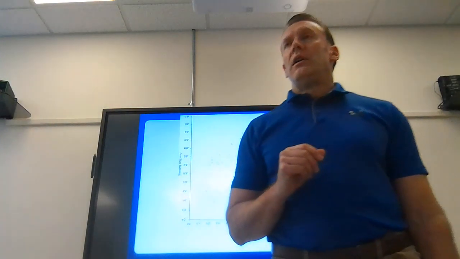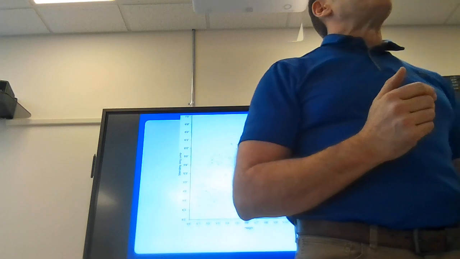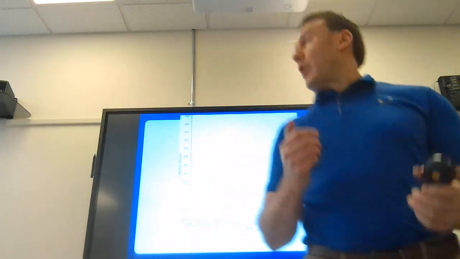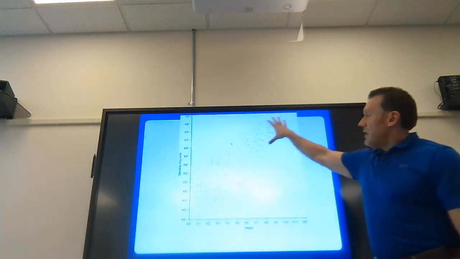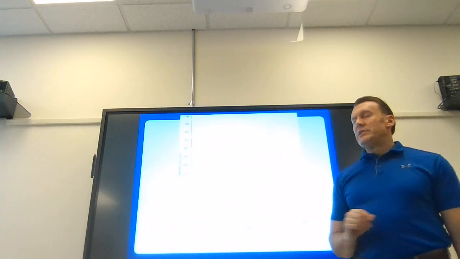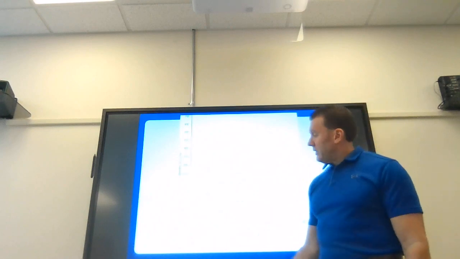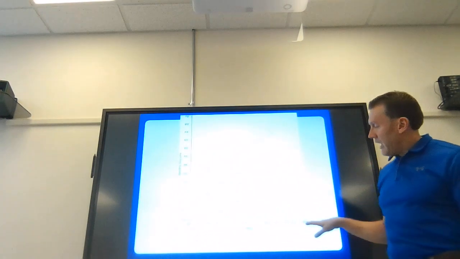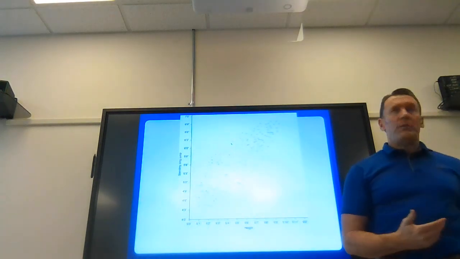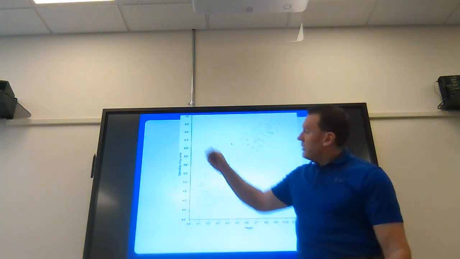What this says is that each of these dots represents a person from a sample. I'm not sure what the sample was, but for this particular sample, as standing height goes up, standing long jump performance also goes up to a certain degree.